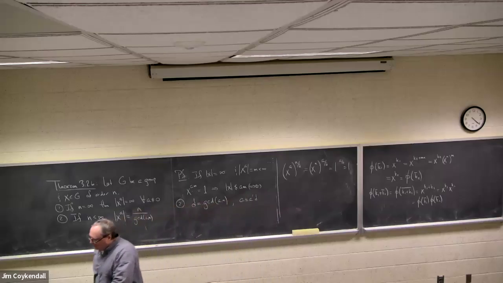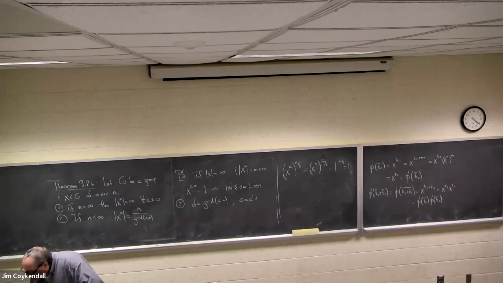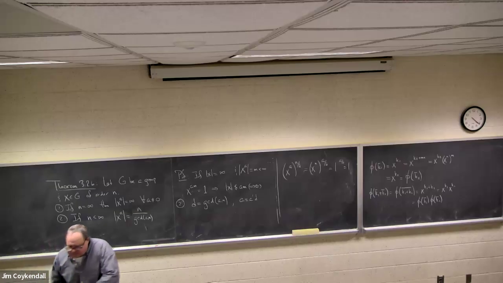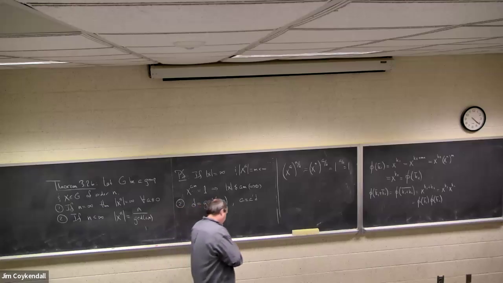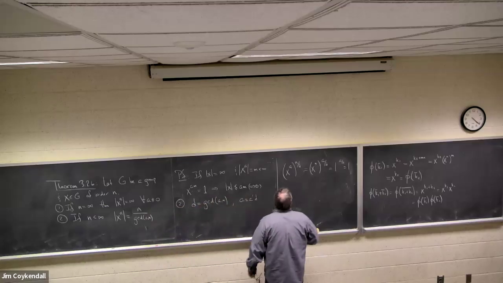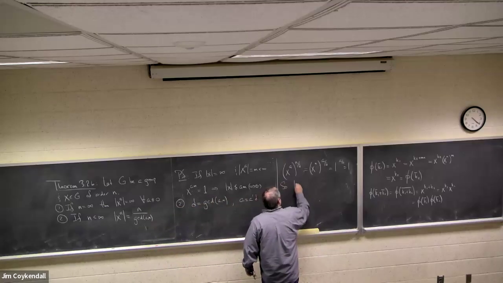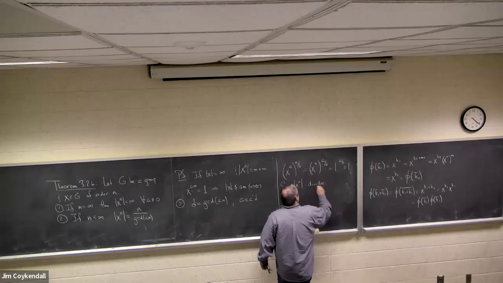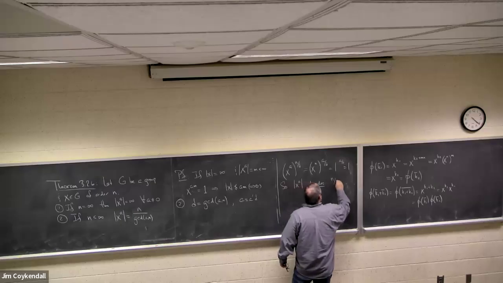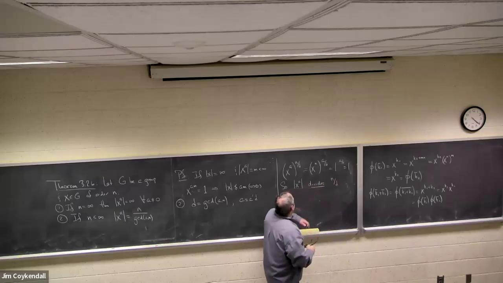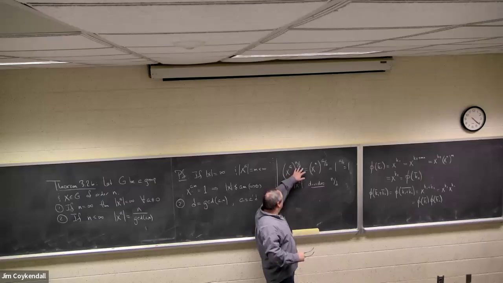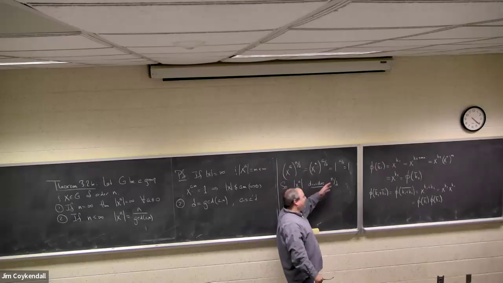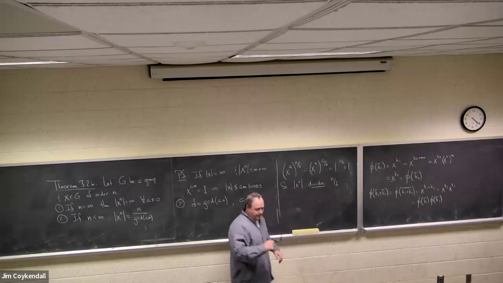So in other words, what that means is that the order of x^a divides n over d. Because (x^a) to the n over d power gives you the identity, the order must divide. That's a homework problem, actually.